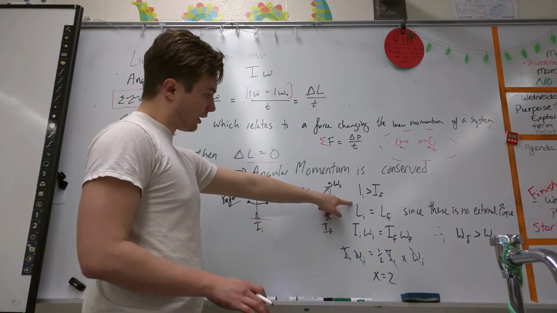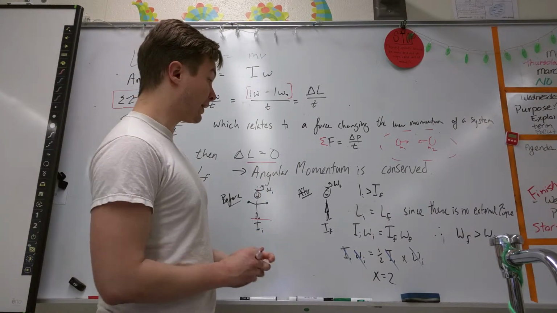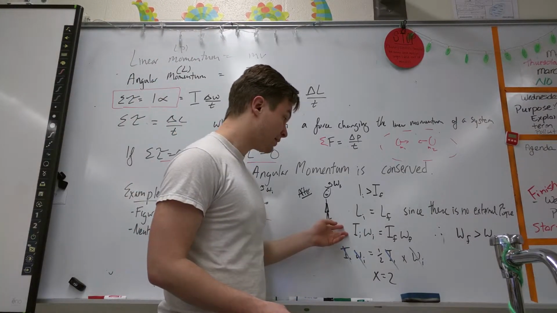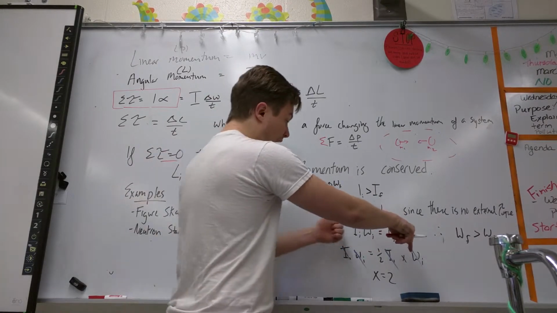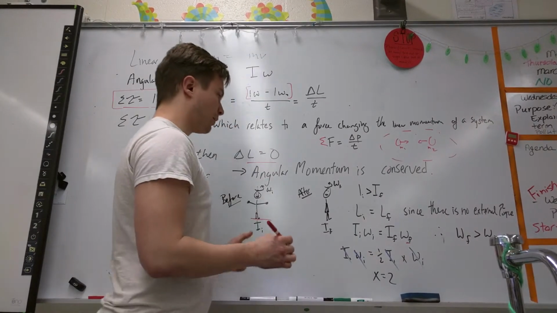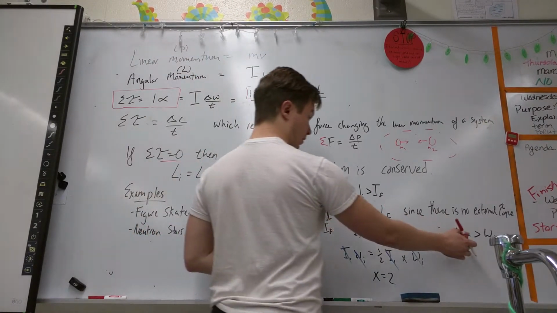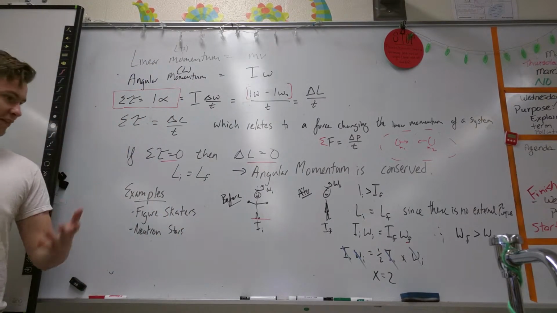If I write this expression and expand it for I and omega, and I'm saying that the I final would be smaller than the I initial, then I would have to expect that omega final is greater than the omega initial. And that's what we see if we have ever seen figure skaters.